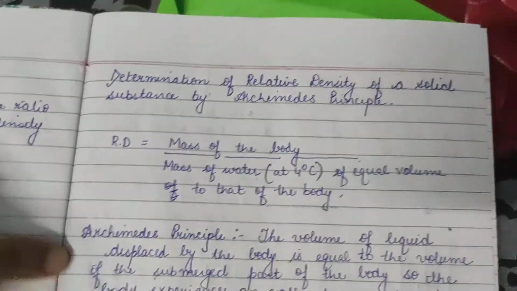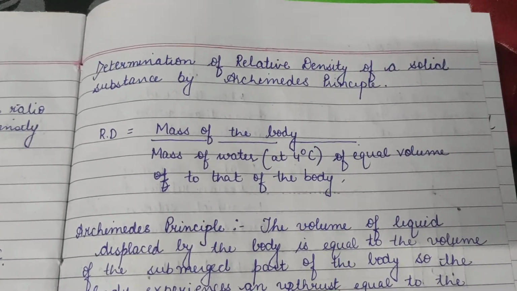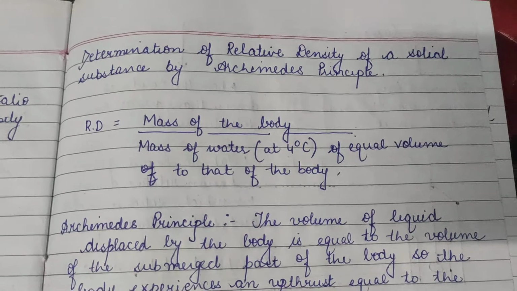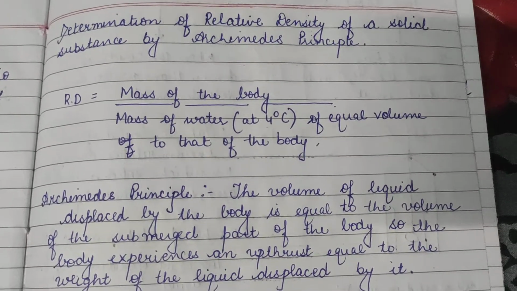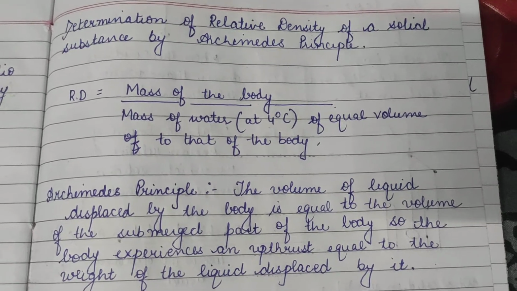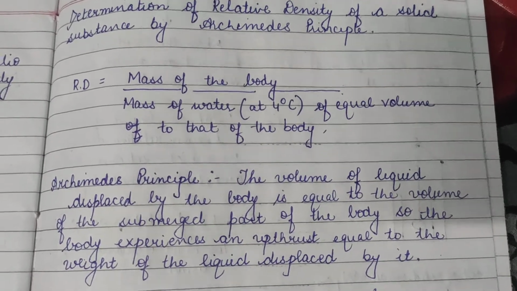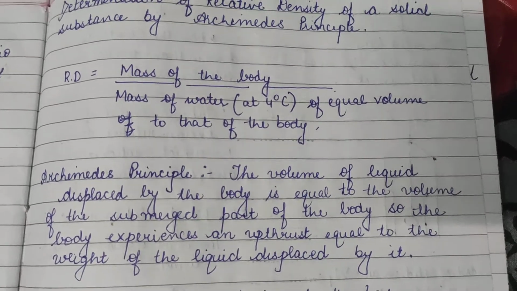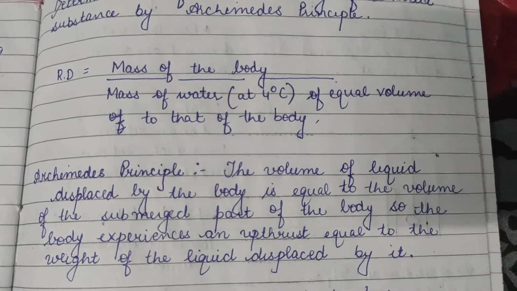Now next we have the determination of relative density of a solid substance by Archimedes principle. We know the formula here: mass of the body, and then mass of an equal volume of water. Now the question is, what is Archimedes principle?